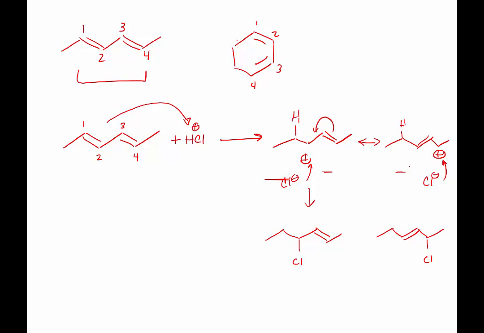Sarah? Wait, what were you saying about the stability of the double bonds? The carbocation is secondary. So let's say I had one. Let's say it would have left off the methyl group.